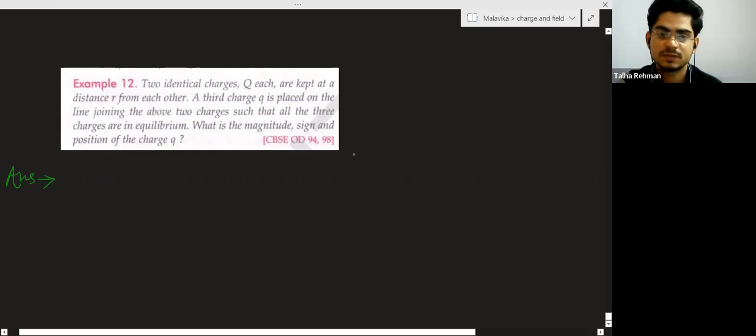Please see this carefully. There are two identical charges Q each kept at a separation R from each other.